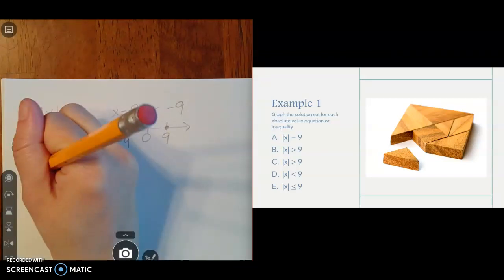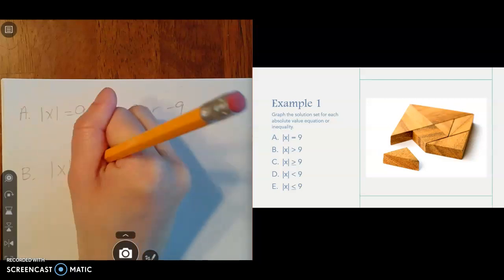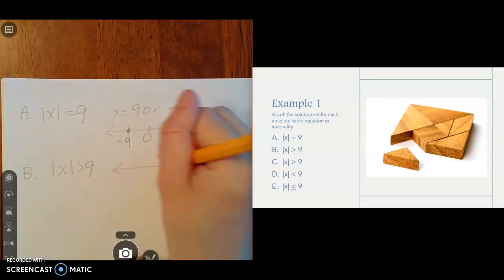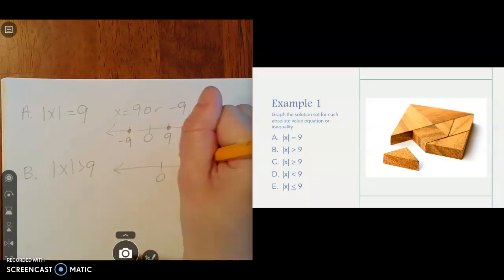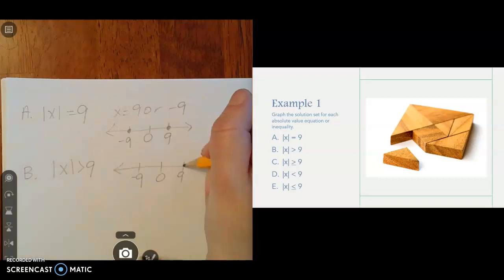All right. What about the absolute value of x is greater than 9? So that means that it's 9 away or more. So if I'm graphing that on the number line, here's 0, here's 9, and here's -9, that means it could be 9 away or 10 away or 11 away or 12 away or even more, right?